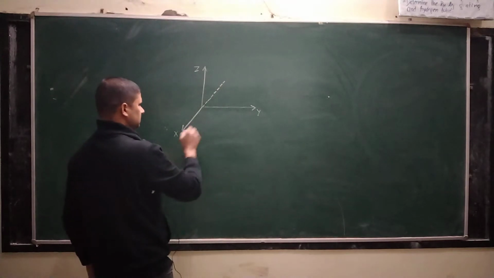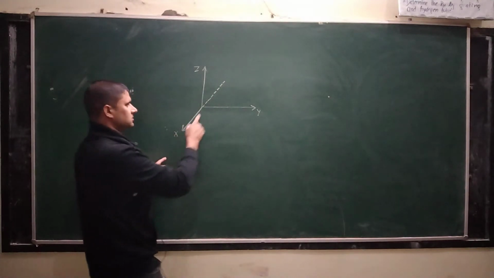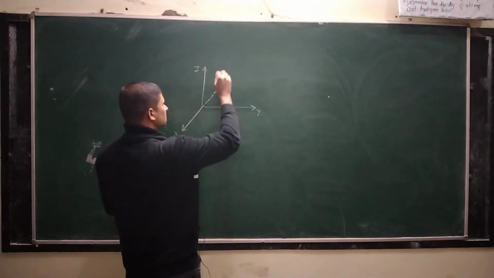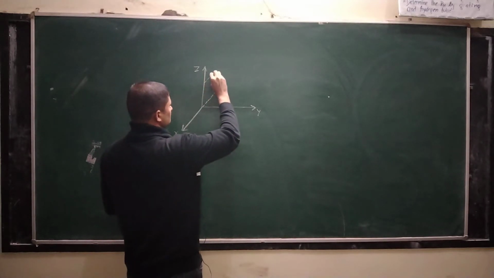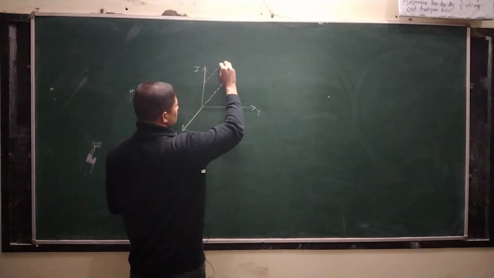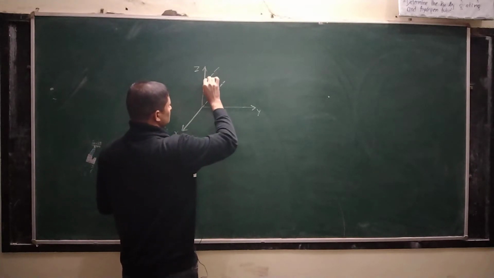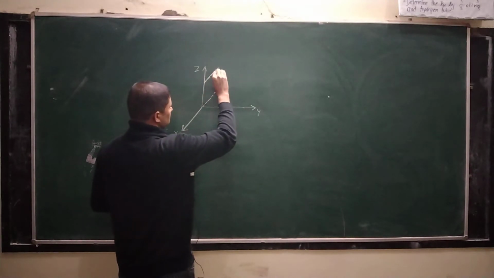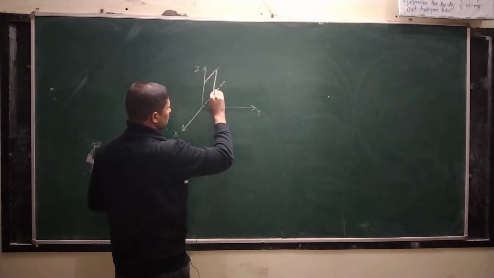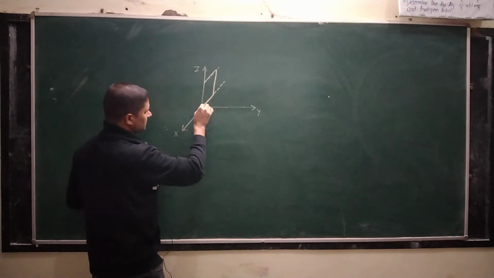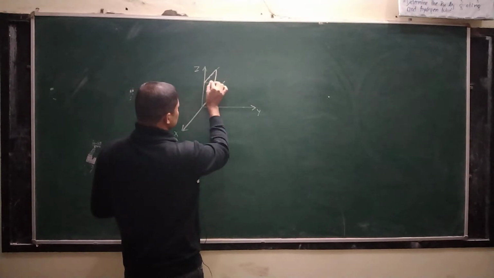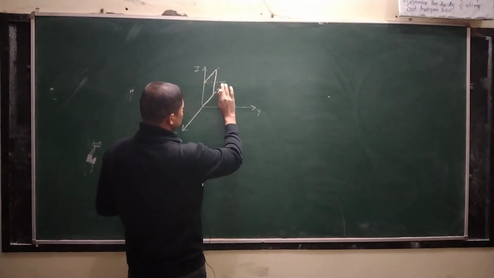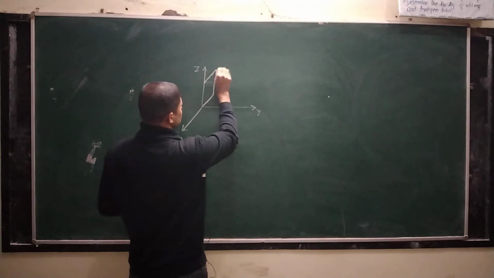So class, if you see, if you proceed the crystal axis along x direction in negative direction and make a cube, then it will be like this. You see, this is the face in the negative direction, and if you complete it, then it will be like this.